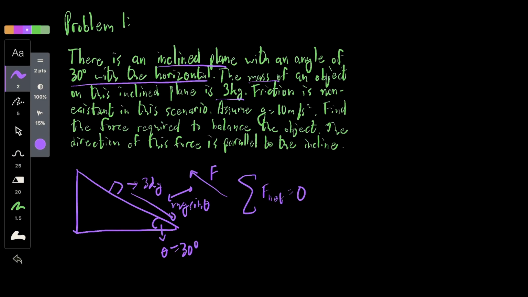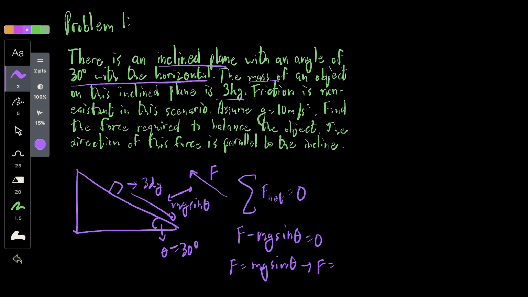Okay, so now that we have F net equal to 0, that's one thing. And now that we know exactly what our force is, let's start plugging in the values and figuring it out. So if the net force is equal to 0, then our force minus mg sine of theta is equal to 0. So our force is equal to mg sine theta. Now let's plug in our values.